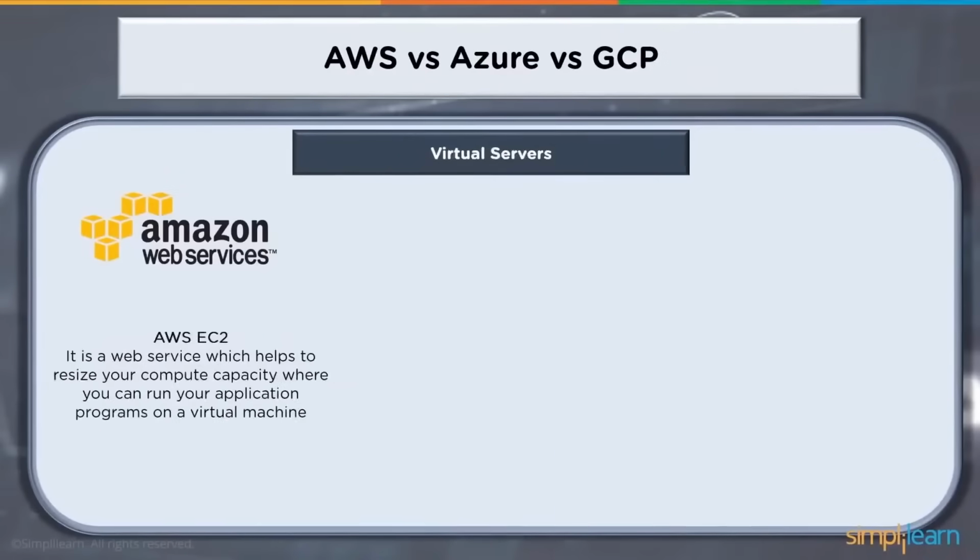When we talk about virtual servers, Amazon's EC2, that is Elastic Compute Cloud, is a web service which basically helps to resize your compute capacity, where you can run your application programs on a virtual machine. So using the EC2 service, you could launch virtual instances that could have any distribution of Linux or Windows.